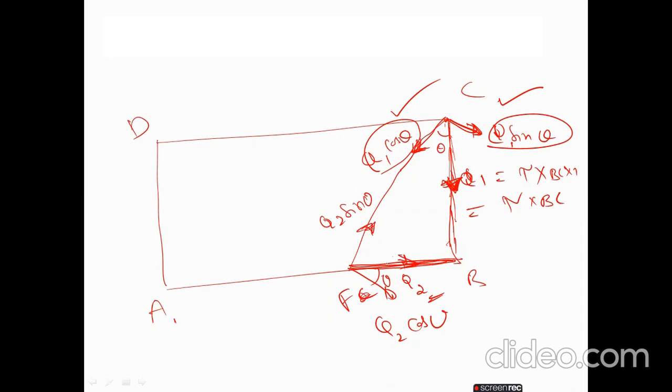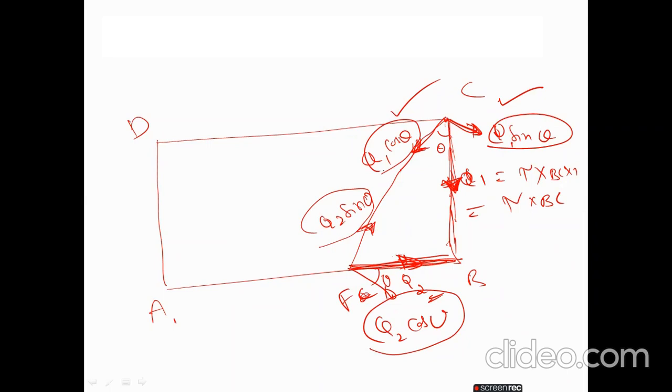Same like that, what about Q2? It is acting on the face FB. So here also the force is resolved into two components, that is Q2 sin theta as well as Q2 cos theta, along the plane FC and normal to the plane FC.